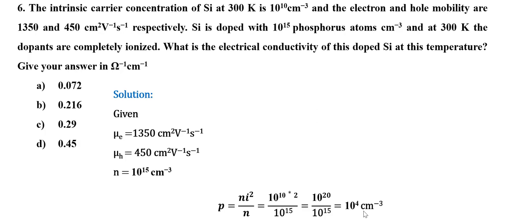Have you tried? Ni square by n will give you the new p value. Intrinsic carrier concentration is known to us, dopant concentration is also known, and then you get p. Once you get p, you will have to use the equation sigma is equal to Ne mu e plus Pe mu h. If you substitute that, what will be the answer?